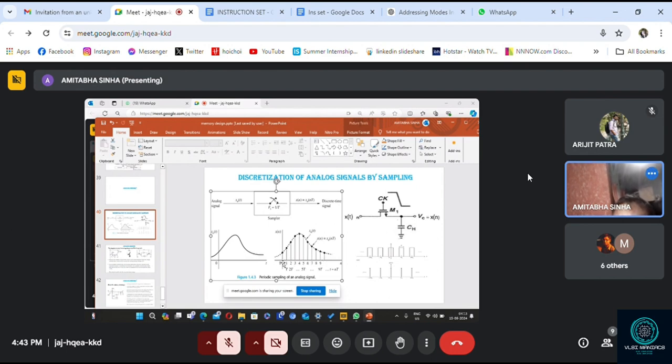So when n equal to 0, n equal to 1, a sample value is there. So this is discrete analog. This value will be stored in the analog memory. We'll come to analog memory later on.